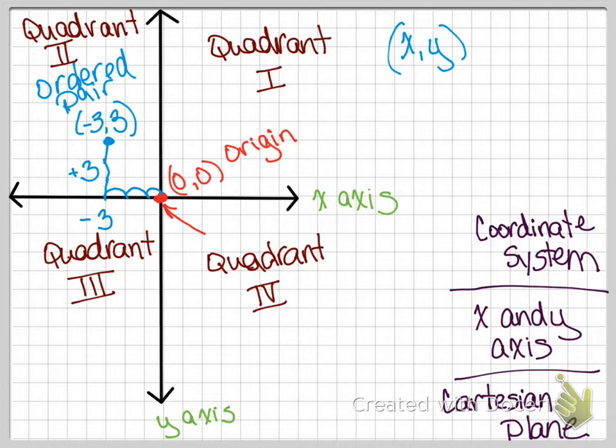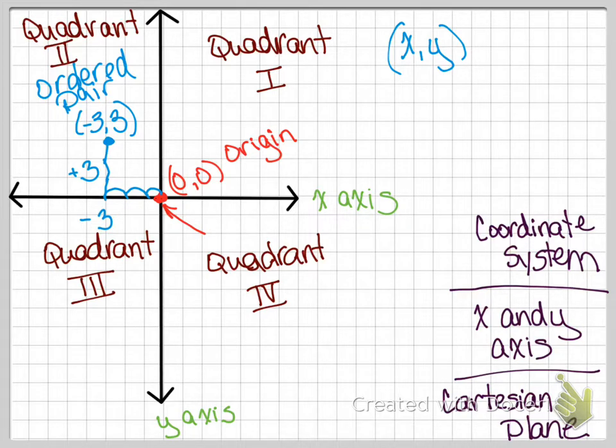I remember rise over run. I had to go up and down first before I went left to right. What is rise over run? Slope. Okay? It's slope. That is different than what we're talking about right now. What we're talking about right now are ordered pairs. In our ordered pairs, we always deal with our x value first, then we deal with our y value.